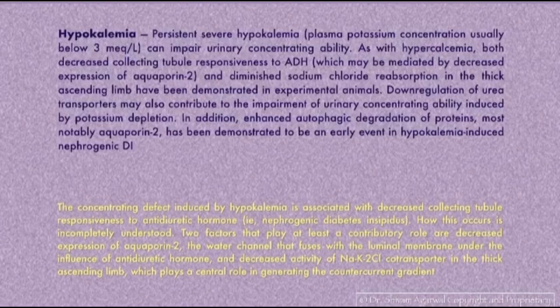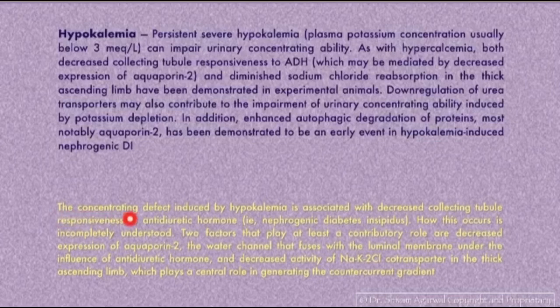But in this case, there is decreased responsiveness to ADH. Secondarily, downregulation of urea transporters may also contribute to impaired urinary concentrating ability induced by potassium depletion. In addition, there is enhanced autophagic degradation of proteins, most notably aquaporin 2, demonstrated as an early event of hypokalemia-induced nephrogenic DI, diabetes insipidus.